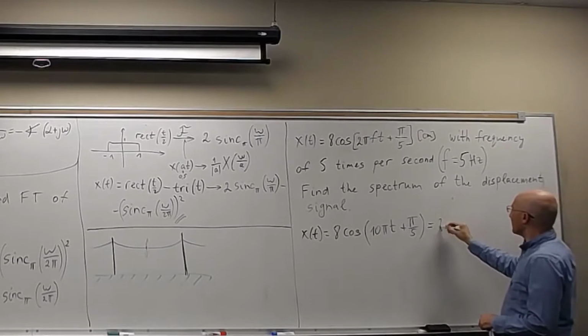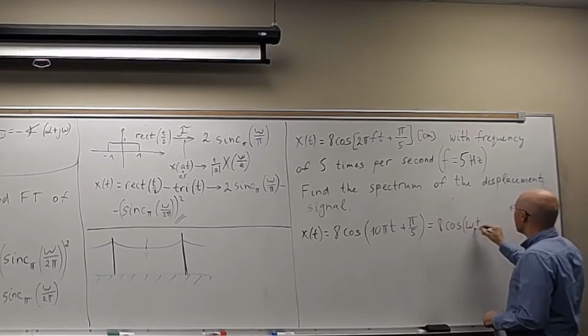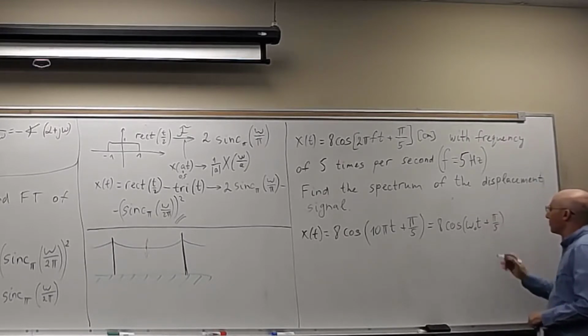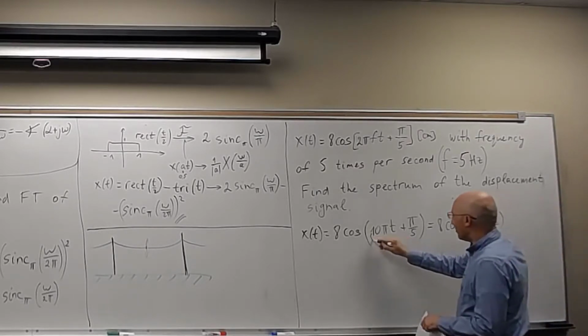Basically, it's the same thing as saying 8 cosine omega 0 t plus some phase, right? In that case, this will be omega 0.